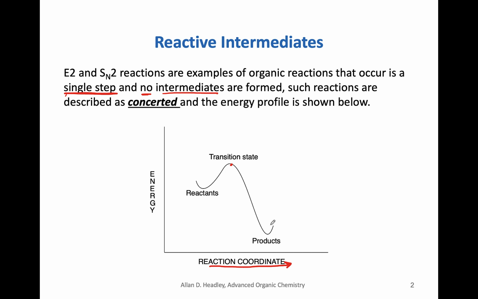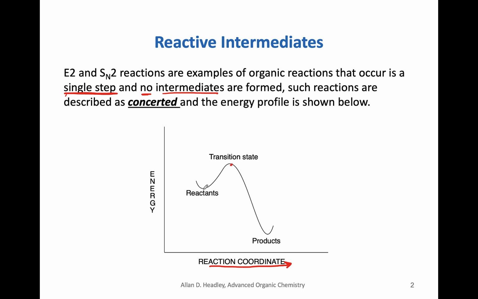Notice the transition state is not an intermediate, it's just a description of the bond breakage and bond formation of that step of the reaction. And if the reaction is a one-step reaction, there's only one transition state.